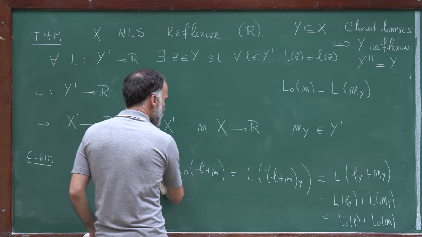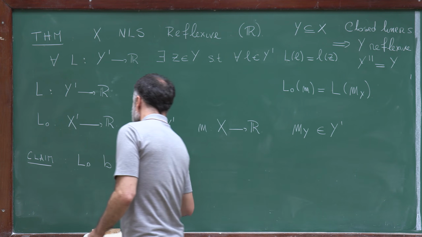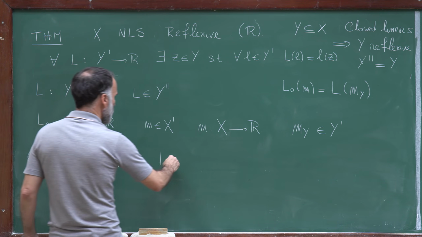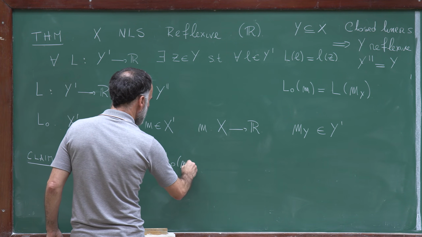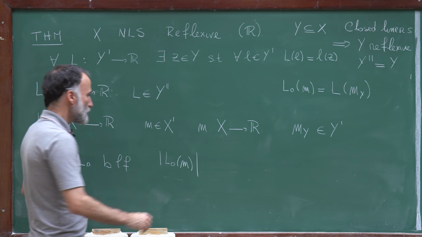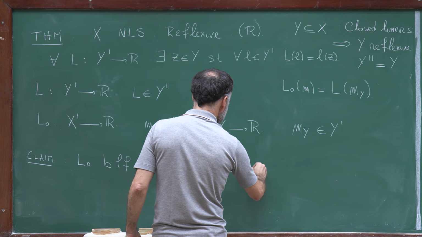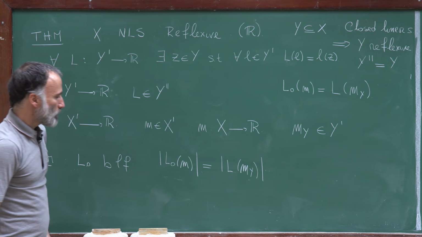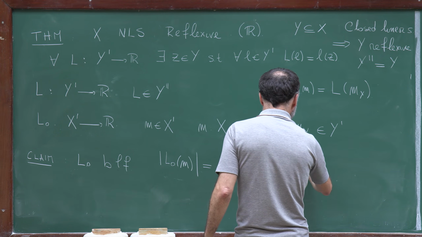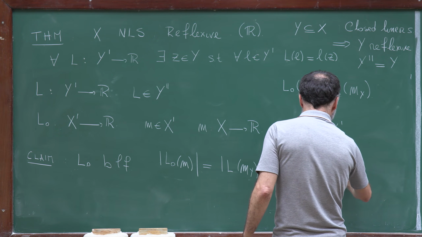So now let's check that it's bounded. To prove that it's bounded, we need to estimate L0 of m. Well, by definition, this is L of m_Y. By definition of the norm of L, this is bounded by the norm of L times the norm of m_Y.